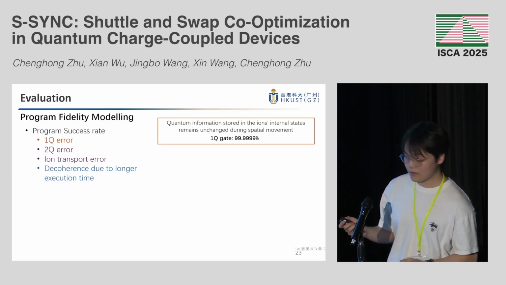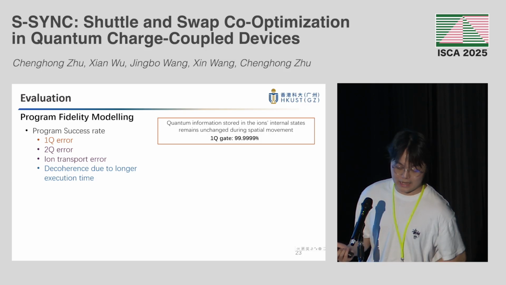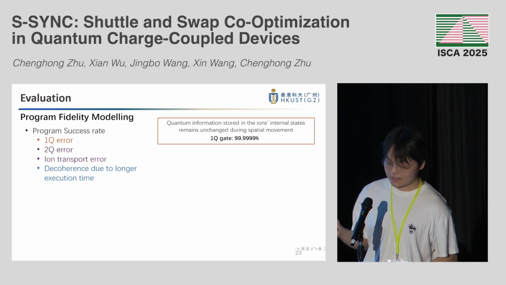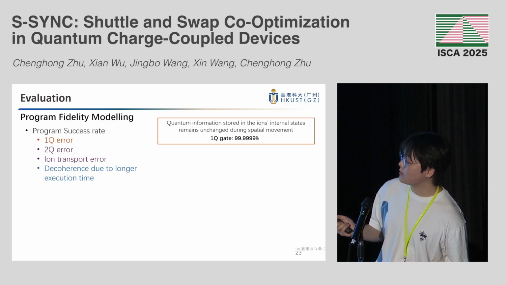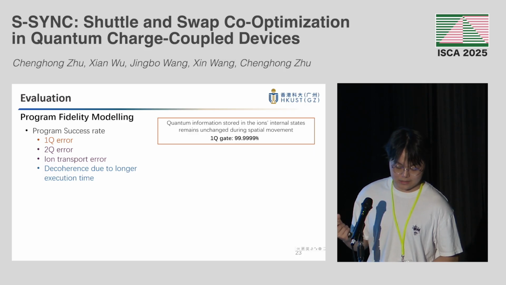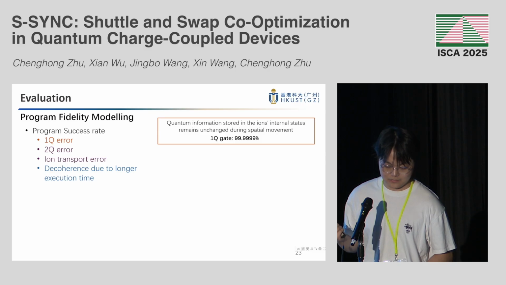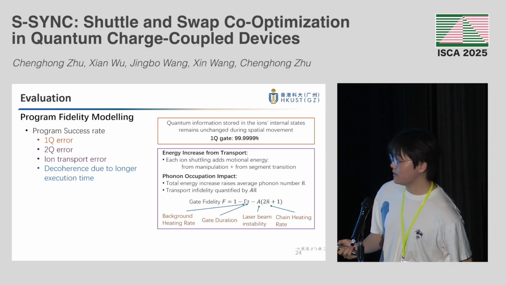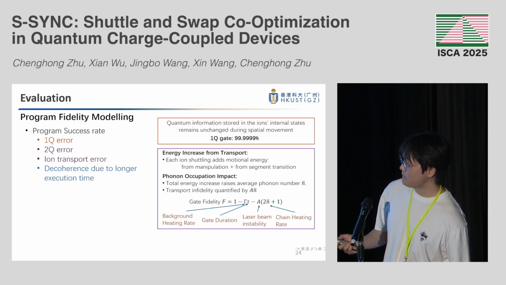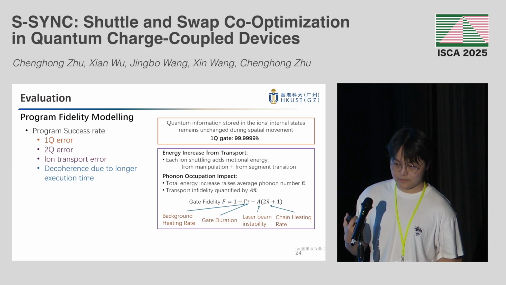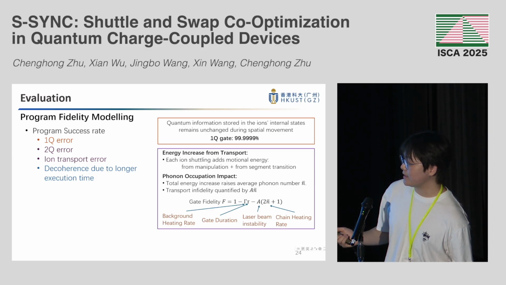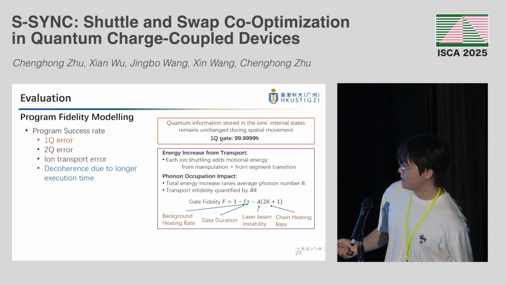For the single qubit error, since quantum information stored in the ion's internal states remains unchanged during spatial movement, we fix the 1-qubit gate fidelity at 99.69. Also, the ion shuttling method could increase the heat in the trap, which would lead to the gate fidelity decreasing.